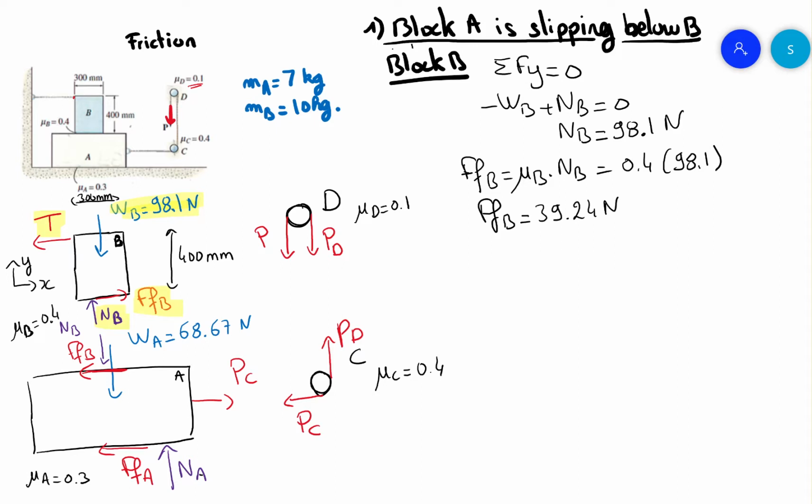And the third equation, sum of the forces on X is equal to 0 on the block B, we have minus T plus FFB equal to 0. So it means that T is equal to 39.24.